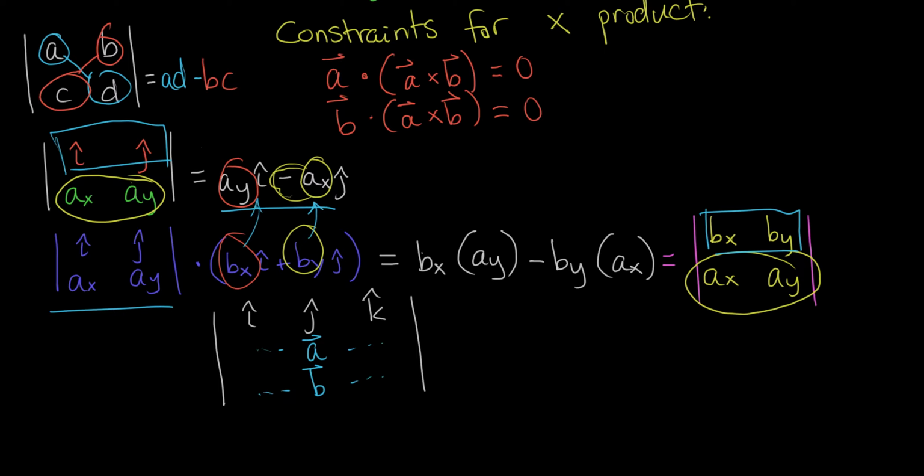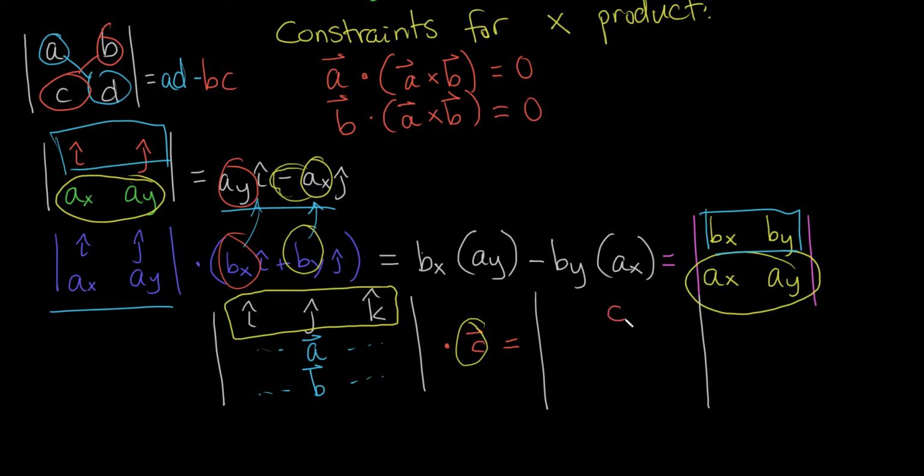If we were to dot this with a third vector, c, just using our intuition from the 2-dimensional case, and you can prove this on your own if you feel especially into algebra today, you can see that this c here is going to take the place of i, j, and k. So this c will take the top row, and then this a and the b will stay where they are.